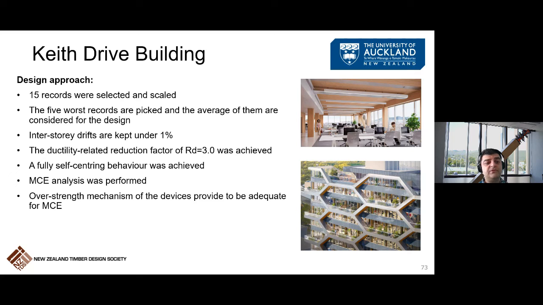The designer's intention was to keep the inter-story drift under 1%. The ductility-related reduction factor of Rd of 3 was achieved, which is equivalent to our kμ in New Zealand. Fully self-centering behavior because of the RSFJ, and also the overstrength factor of the RSFJ was considered as enough for MCE performance.